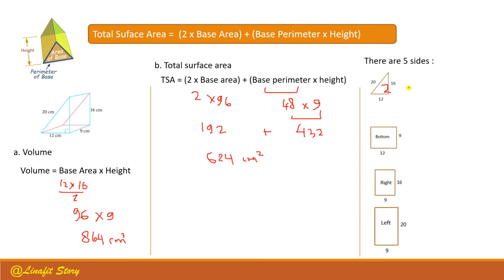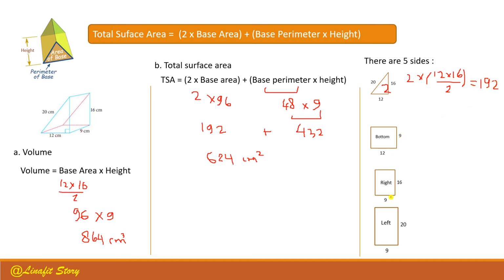To find the area of 2 triangles is 2 times base times height divided by 2. So 12 times 16 divided by 2 is equal to 96, times 2 is equal to 192.